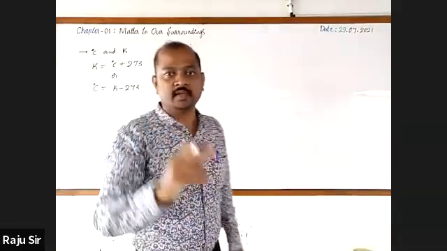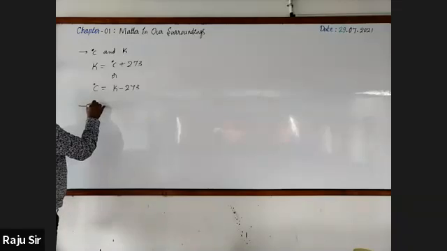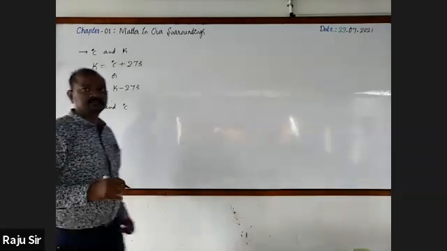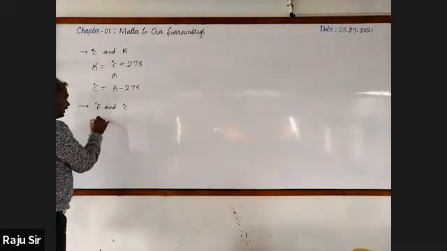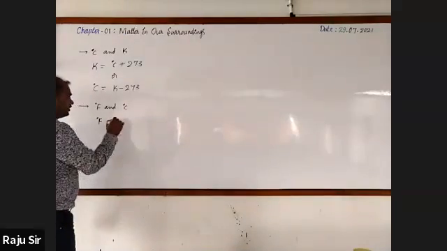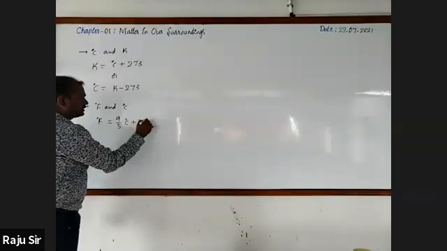Lavanya, you tell. What is the relationship between degree Fahrenheit and degree Celsius? Degree Fahrenheit F is equal to 9 divided by 5 times degree Celsius plus 32.